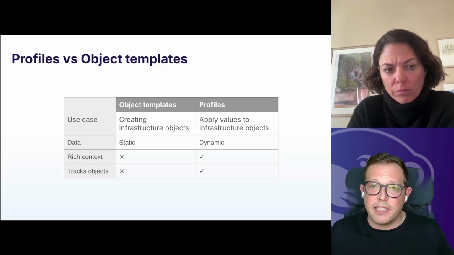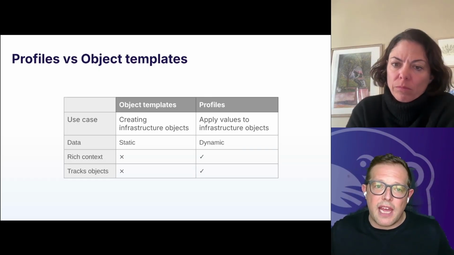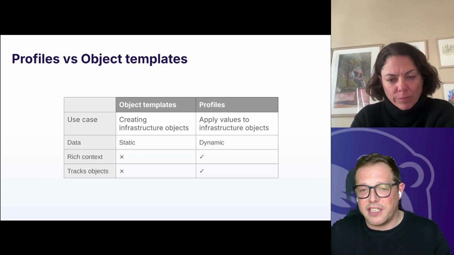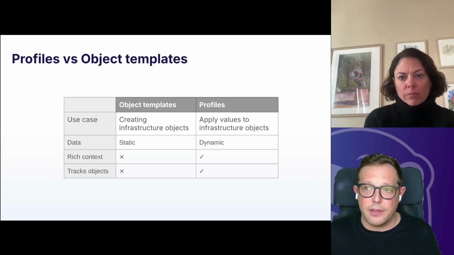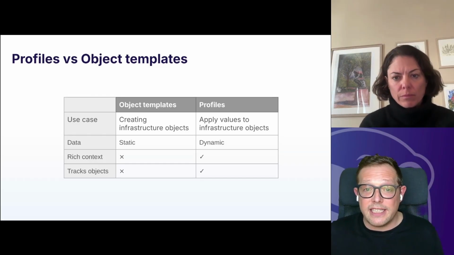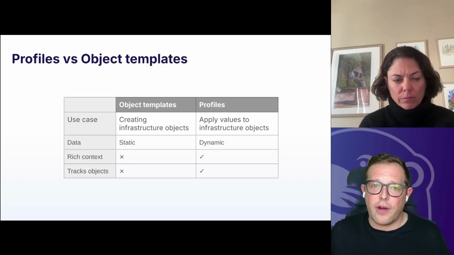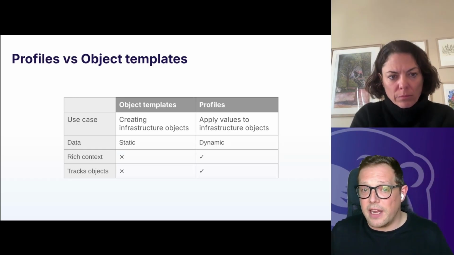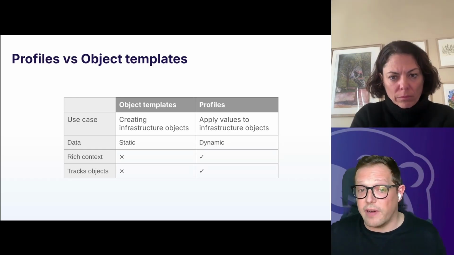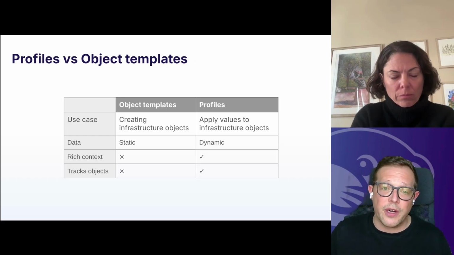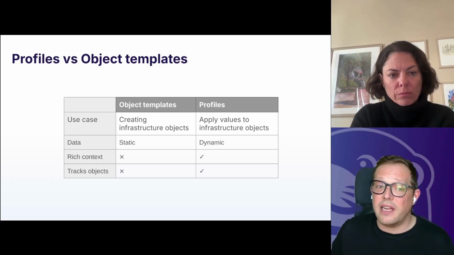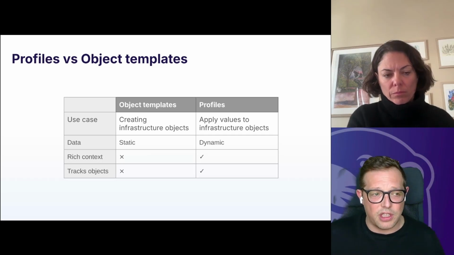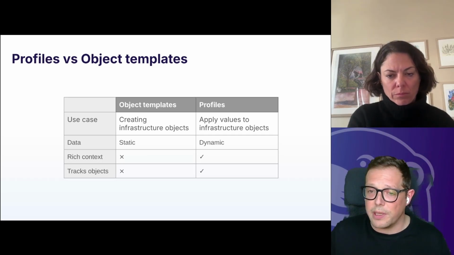with a template, you will not be able to change the value on the objects that you have created using that template later on. The reason for that is that object templates don't really track the objects that they have created in the past and do not have that rich connection that profiles do. Therefore, object templates are mainly used for data that is quite static and doesn't have to change significantly or frequently.